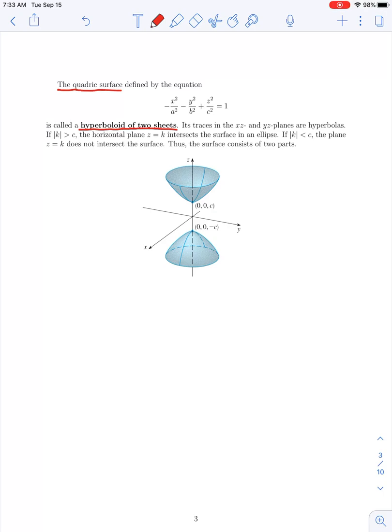So let's see what this surface looks like and how it's distinct from a hyperboloid of one sheet. Here I mentioned that its traces in the xz and the yz planes are hyperbolas. So let's start with those traces, and then we'll consider traces in horizontal planes.